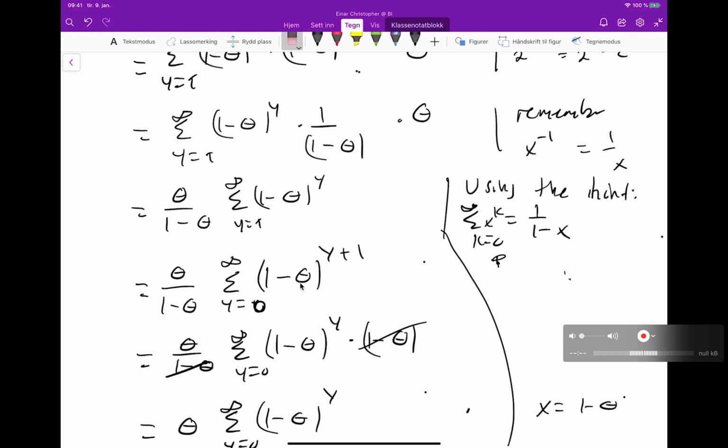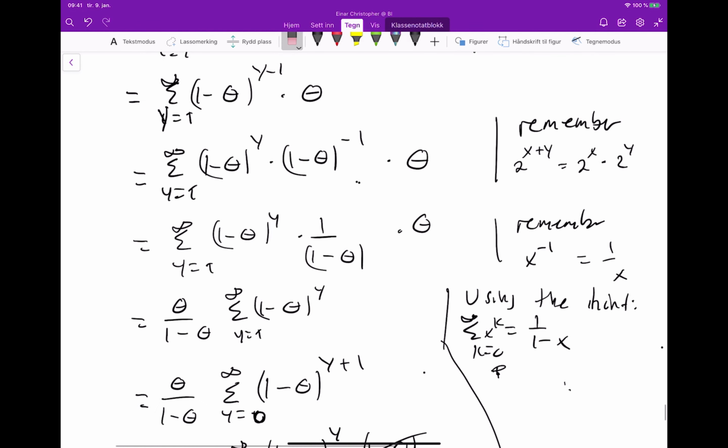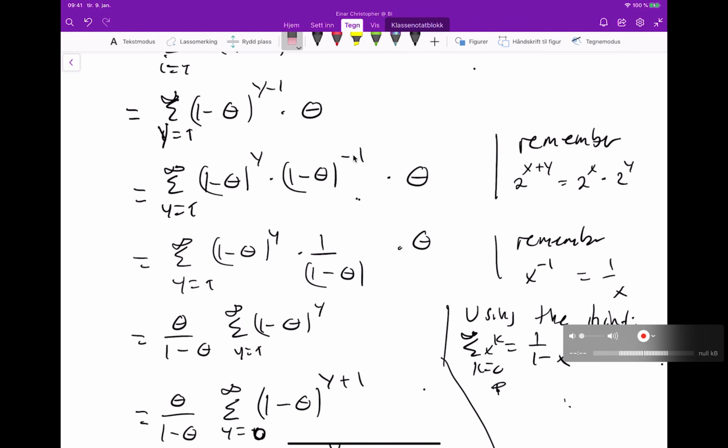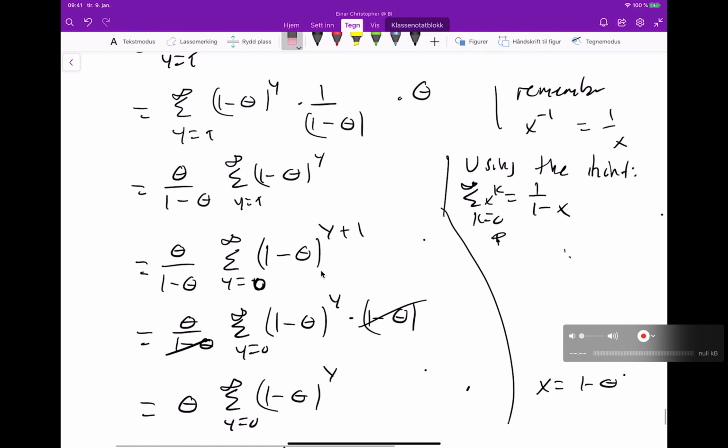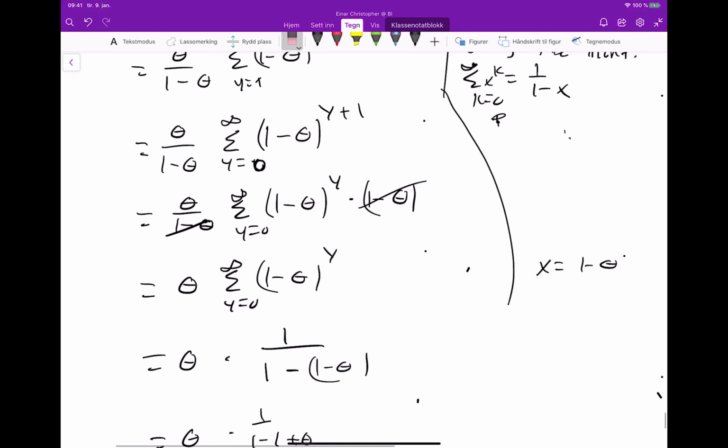And then I do exactly the same as I did a little above, when it was the minus 1 here, now it's plus 1. So that's the same as (1 minus theta) in y times (1 minus theta) in plus 1. But this one and this one are equal, and I can cancel them out, and we stand with this.